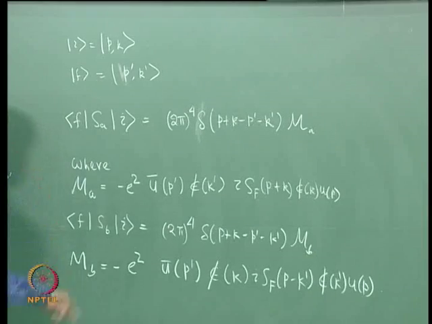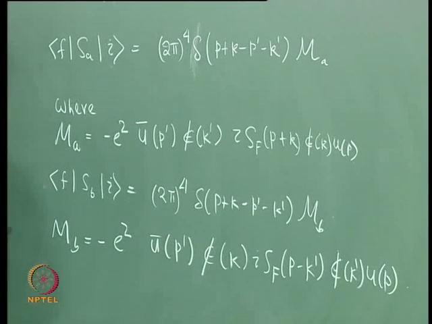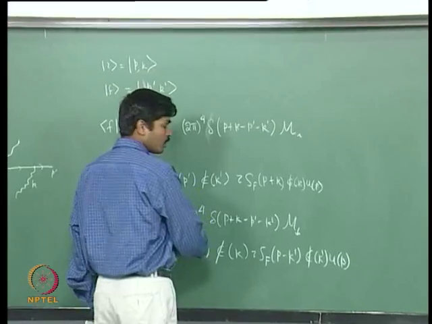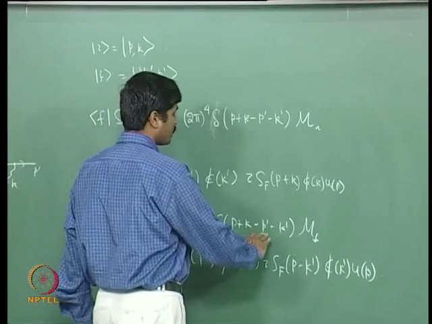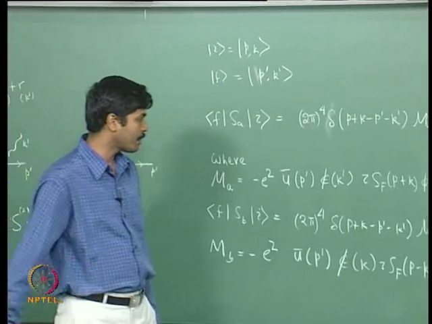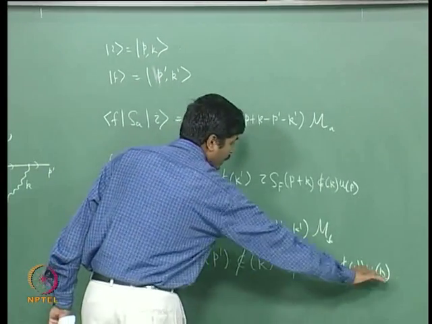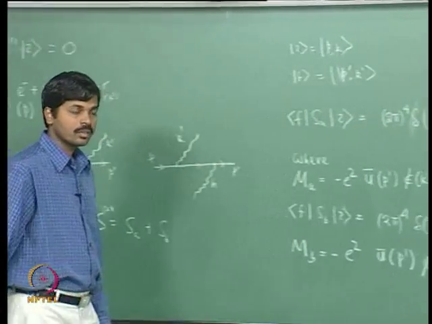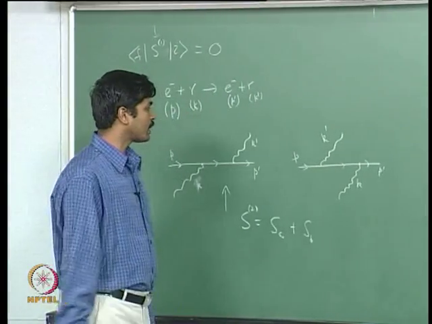You can show in a very similar way that if you compute this amplitude, then at the end of the day you will get 2 pi to the power 4 delta of p plus k minus p prime minus k prime times MB, where MB has this expression. Now things look very simple.